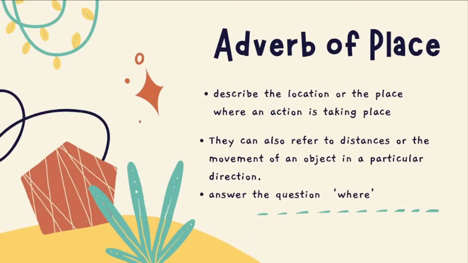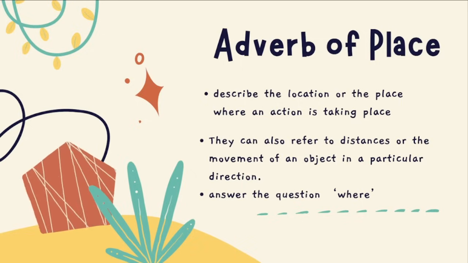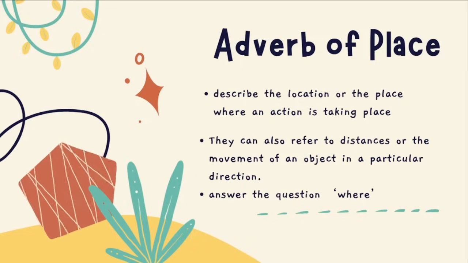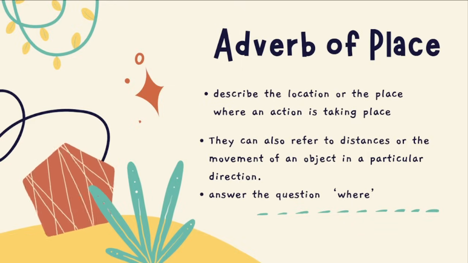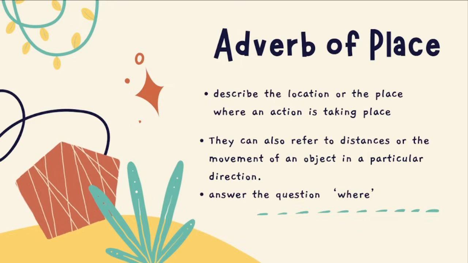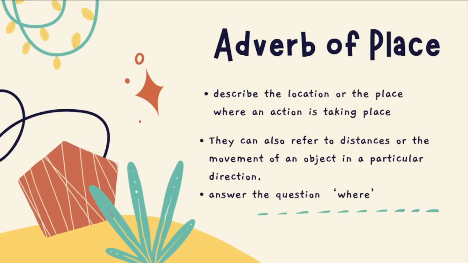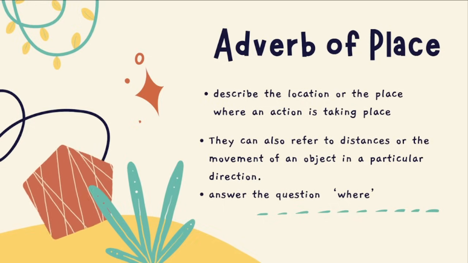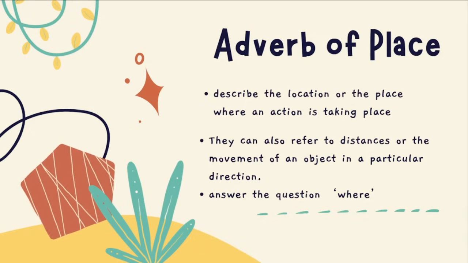So, we already have the adverb of manner that answers the question how, and also the adverb of time that answers the question when. This time we have the adverb of place. The adverb of place describes the location or the place where the action is taking place.